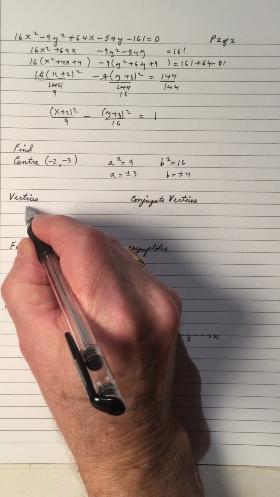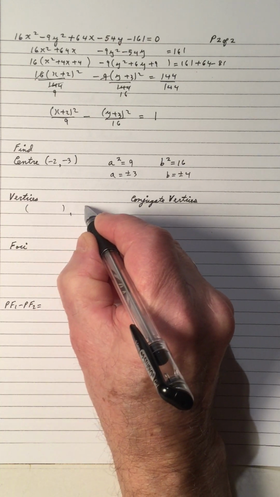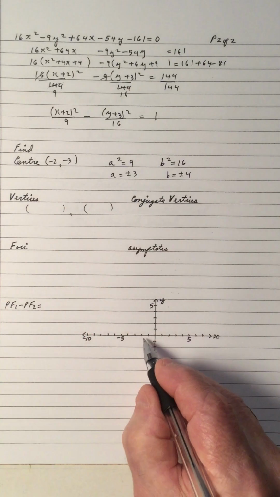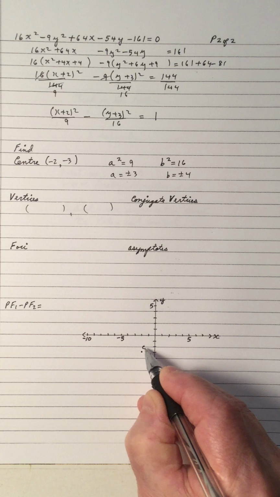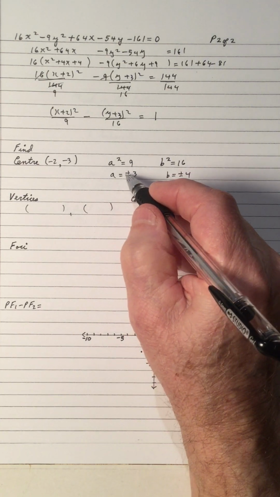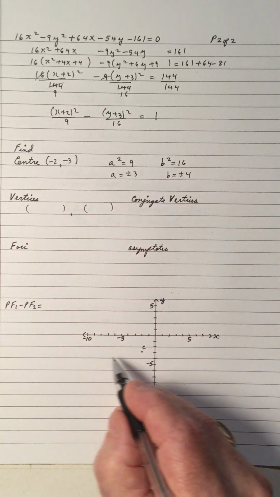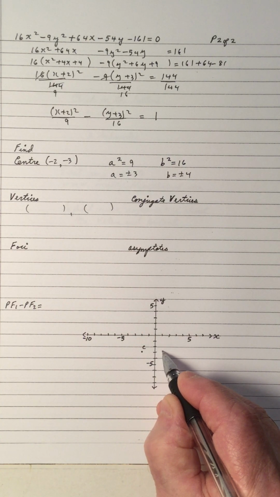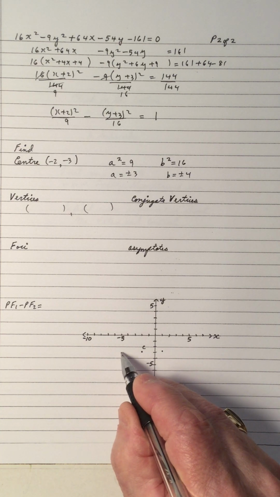So the vertices. It's easy if you take the center, which is negative 2, negative 3: x is negative 2, y is negative 3. It's horizontal, so you add the 3 and take away the 3. We add 3 and go to here, and we take away 3 and go right to here.